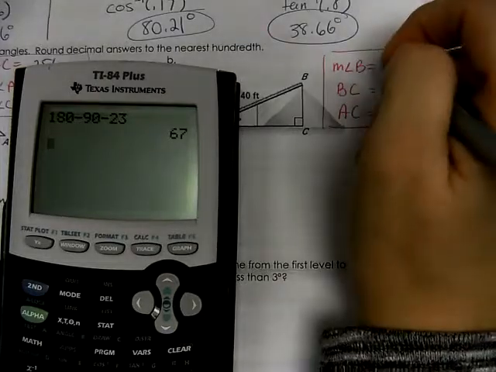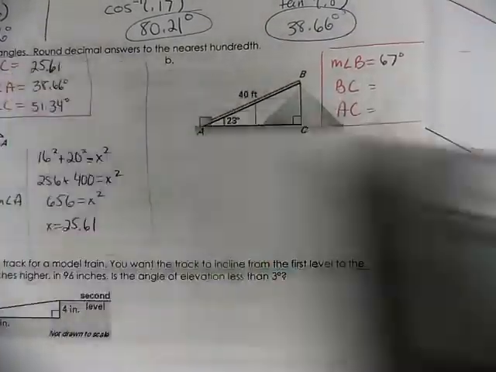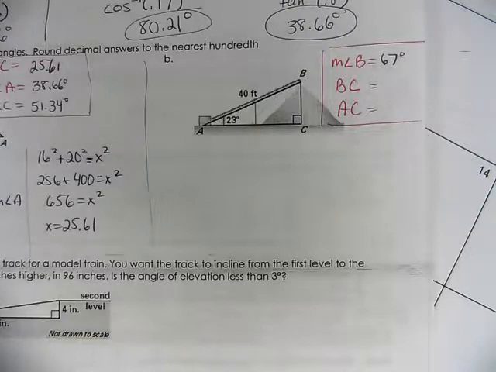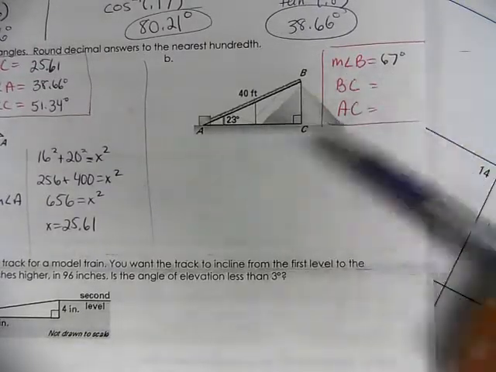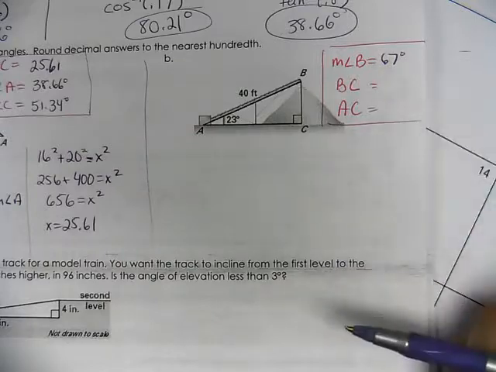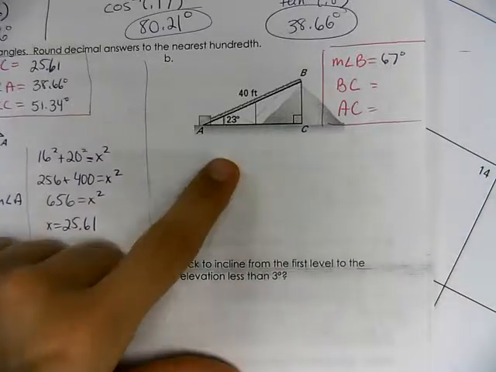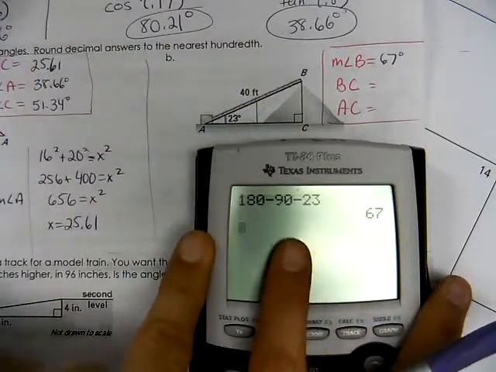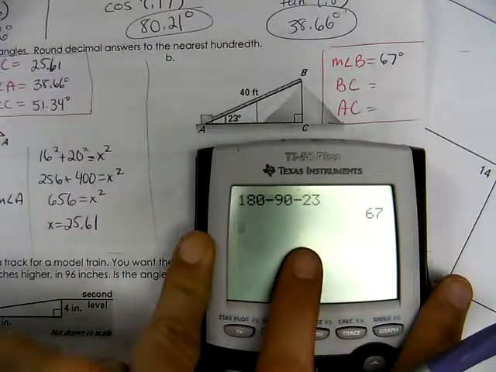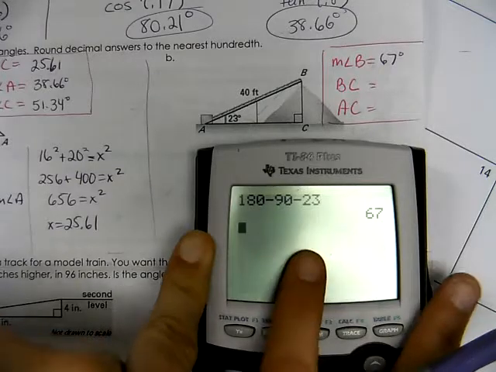So angle B is 67 degrees. On the quiz, that one's just worth 1 point. Because you can easily find it by subtracting. Yes, Aaron? I did 180 minus the 90 degree angle I already have minus the 23 degree angle. Because all three angles always have to add to 180.